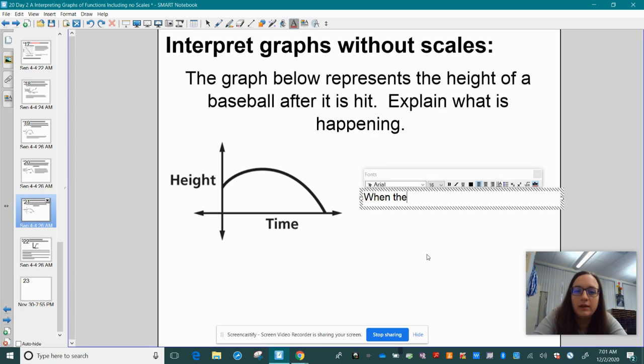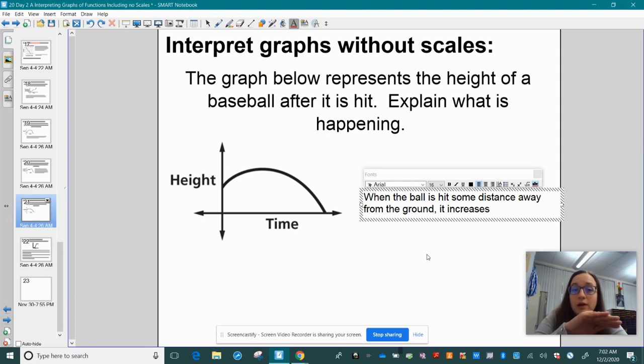So when the ball is hit, it starts some distance away from the ground, I'm not sure how to put that nicely. It increases and decreases.